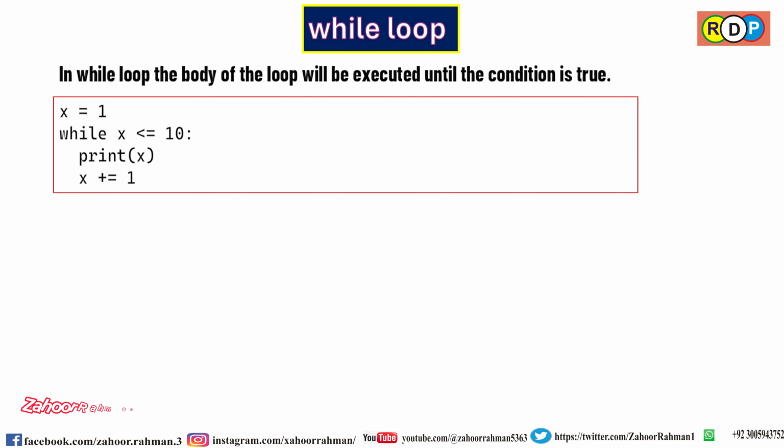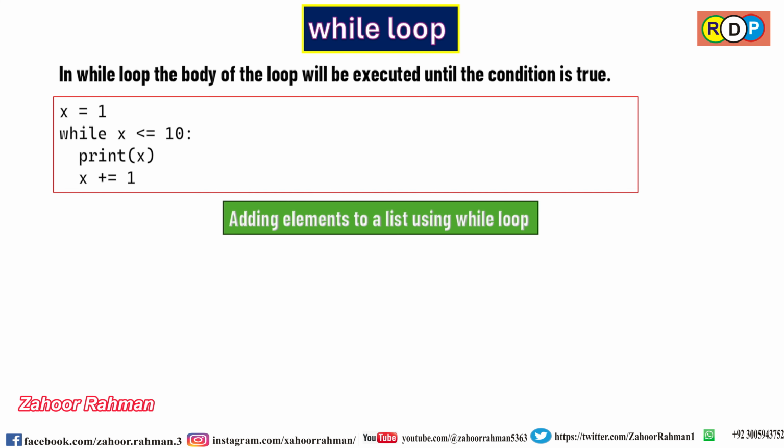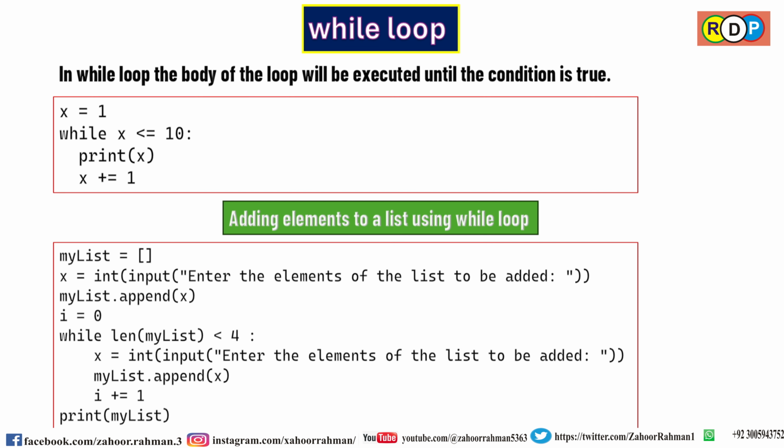And here let us do the second technique, adding elements in a list using the while loop. First of all, I am declaring a list which is my list, and it is empty. So x is equal to integer input, enter the element. So it will ask me to enter a value for x.